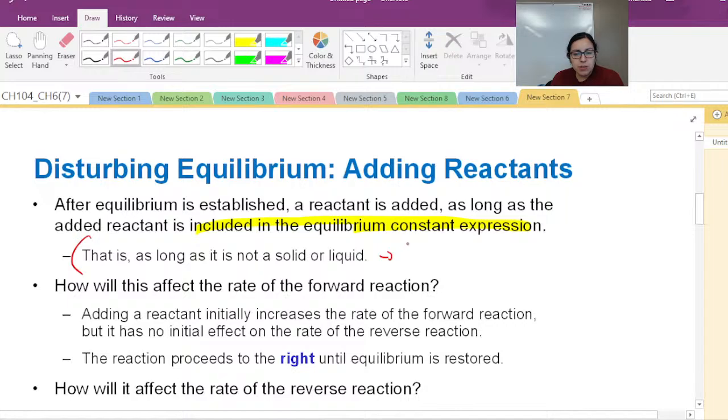It has to be some sort of aqueous solution, some sort of concentration that we're changing. We're talking about not a solid reagent, not a pile of carbon. It doesn't matter how much you change that pile of carbon, the concentration doesn't change. Or it could be a gas, so I don't want to forget gas.